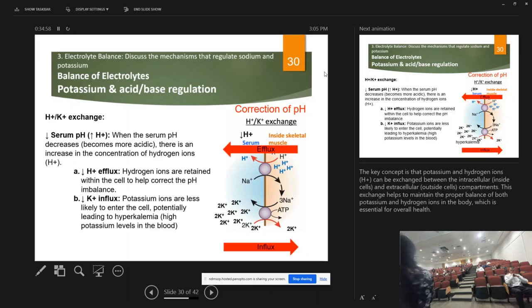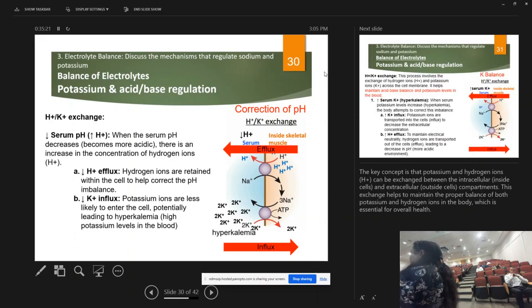So this is what these two slides are saying. What we are addressing here is correcting the pH, but by correcting the pH, we may end up with another problem. This depends on how bad it is, right? It may not be as bad, so it may not cause hypokalemia. Extreme cases may cause that.